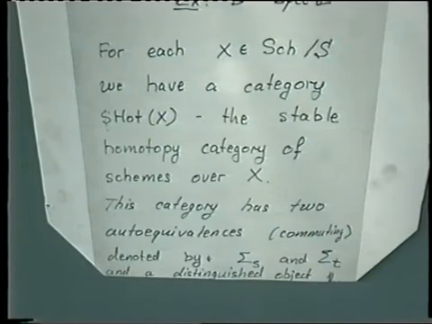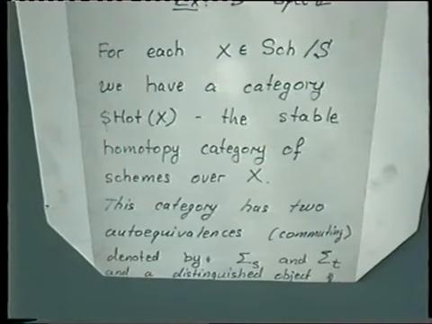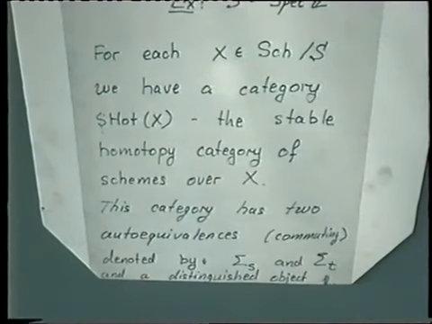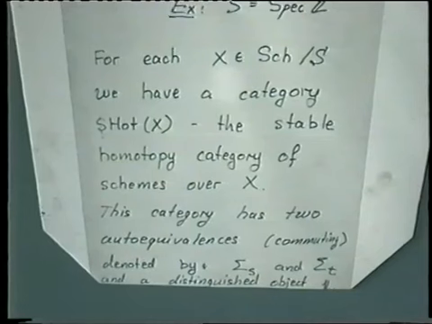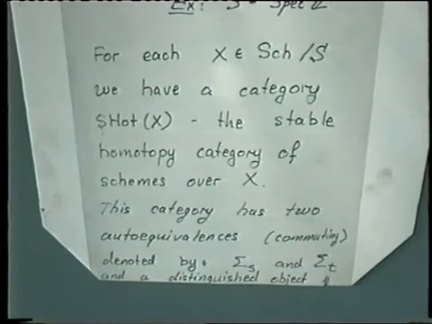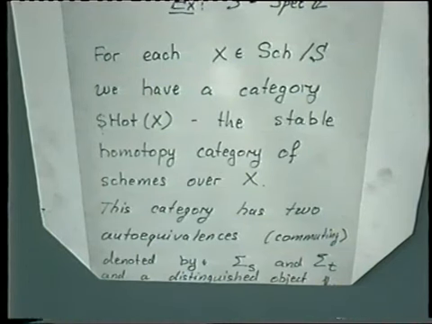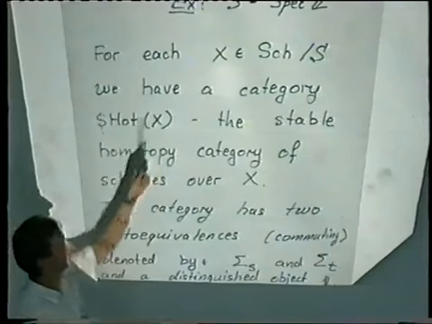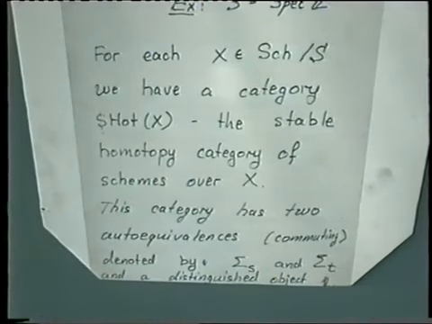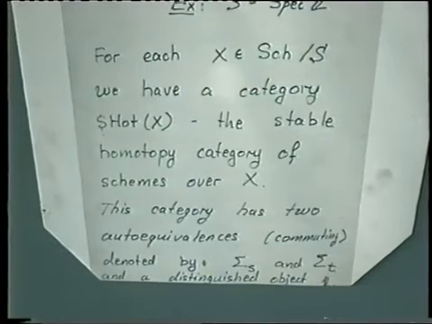In this ideology, it was expected that for any variety there will be an abelian category of so-called mixed Motivic sheaves over it. Having an abelian category, I can take the derived category. In fact, all the computations happened in the derived category, but only their properties indicate that this is a derived category of something abelian. So this gadget over here is our modern replacement for the derived category of the abelian category of Motivic sheaves over X.